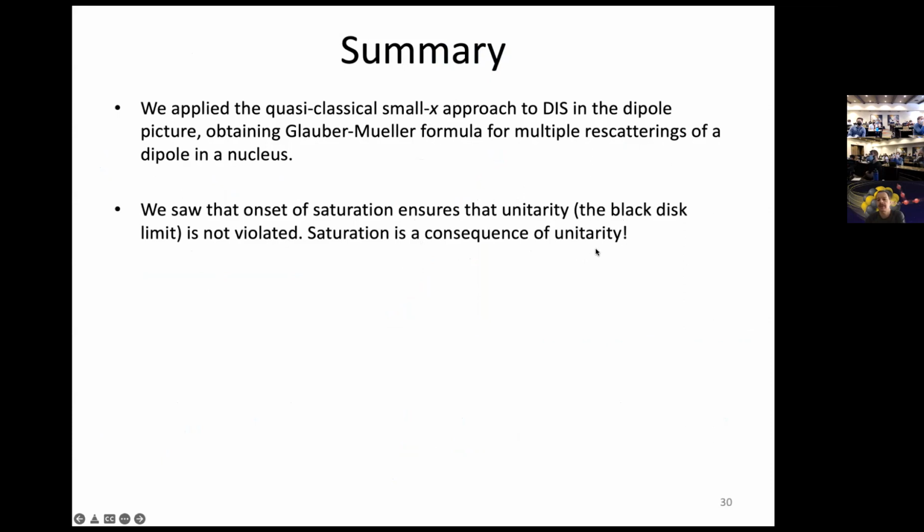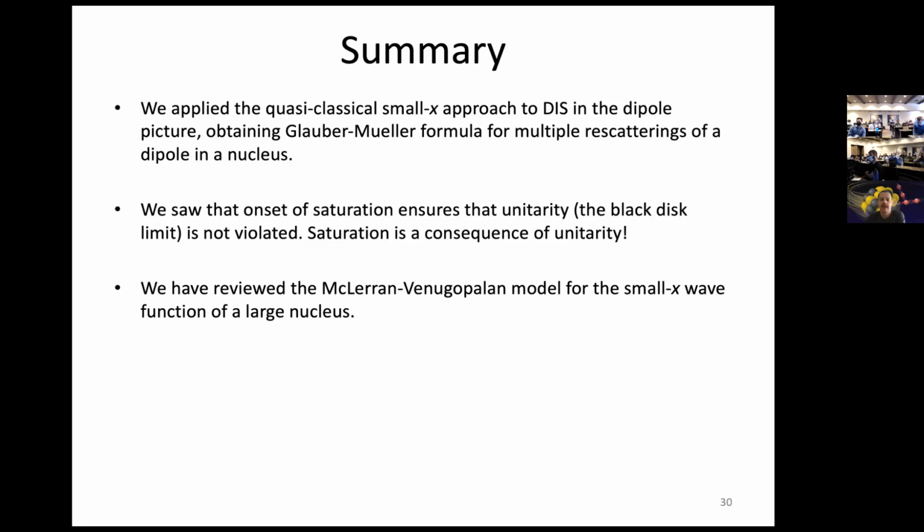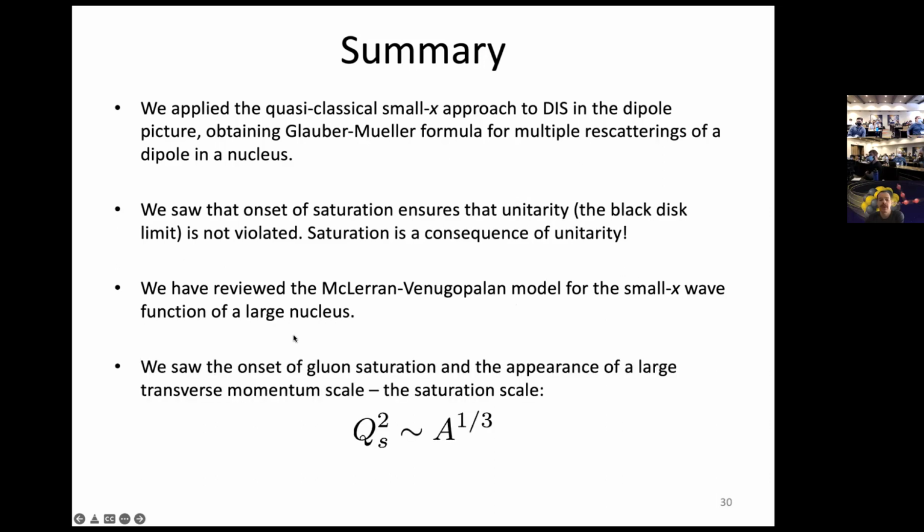And in a way, we can actually argue that saturation is a consequence of unitarity. We also discussed the McLerran-Venugopalan model for the small x wave function of a large nucleus. And we saw that in both cases, the onset of saturation means that there is appearance of at least potentially a large transverse momentum scale, the saturation scale.